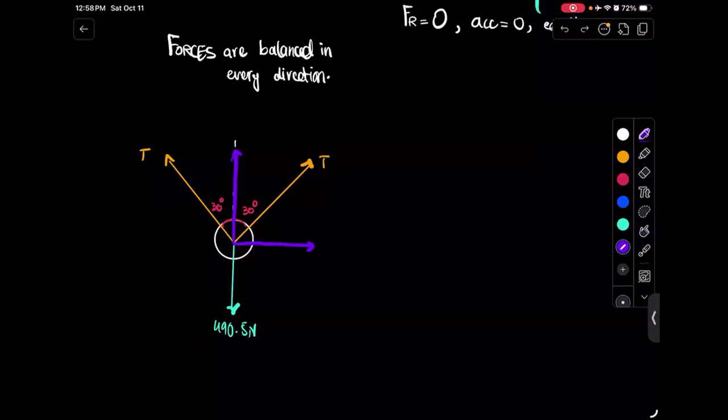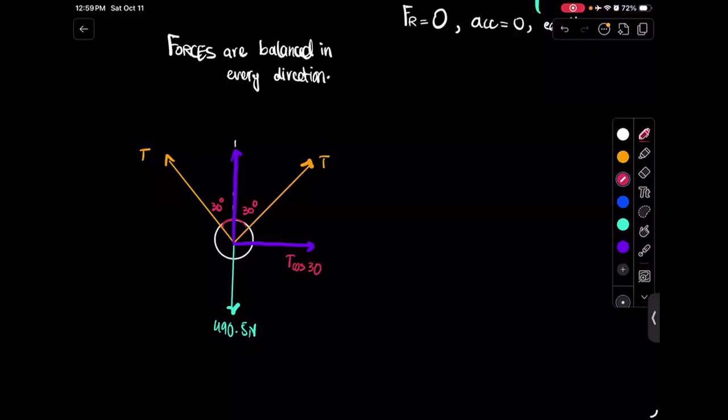Is this T cos 30 or is this T sine 30? What do you think? The horizontal would be T cos 30 and the vertical would be T sine 30.